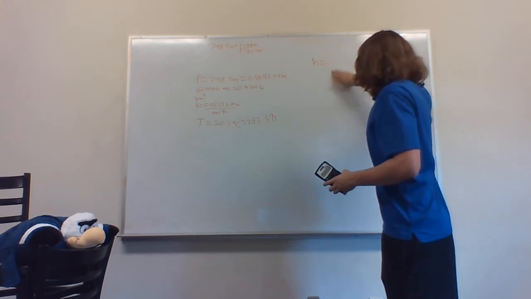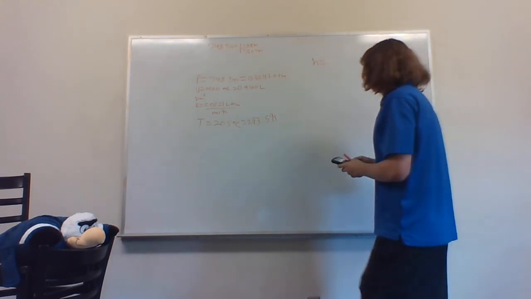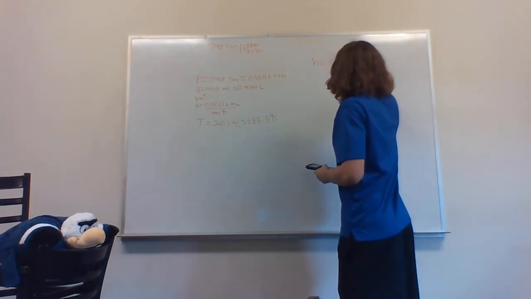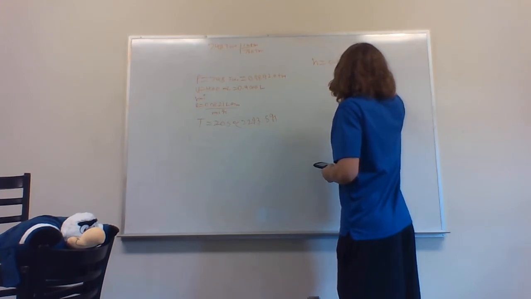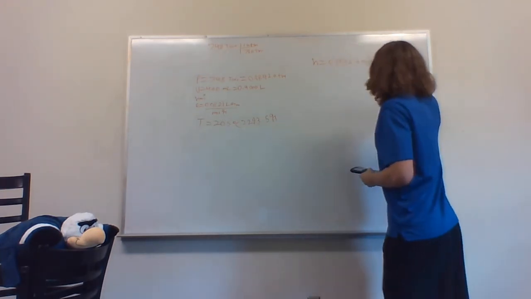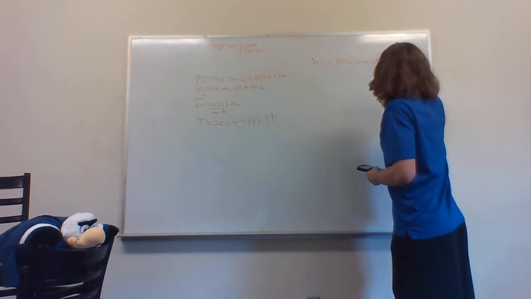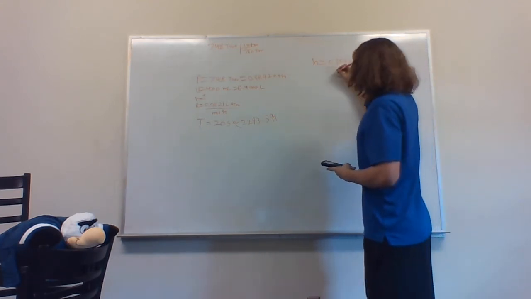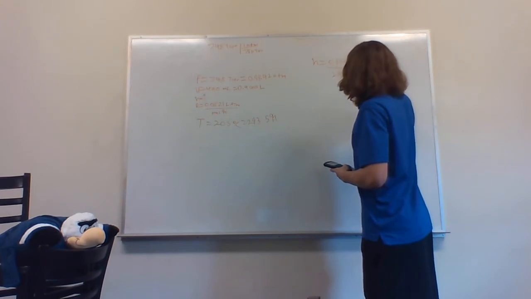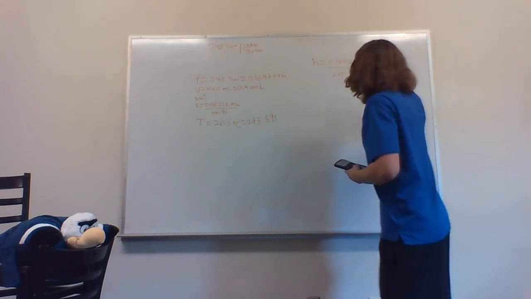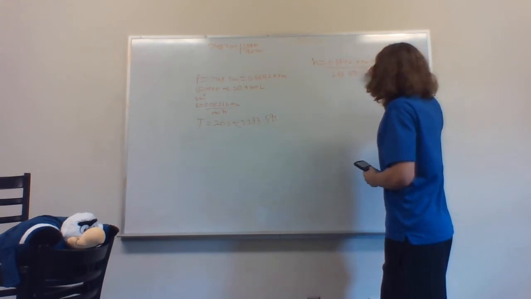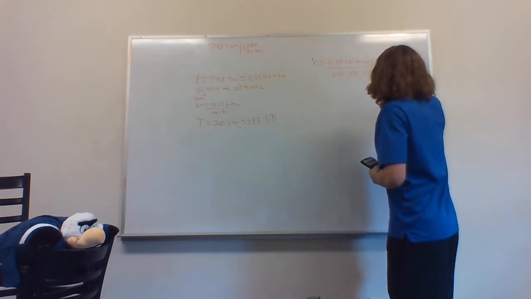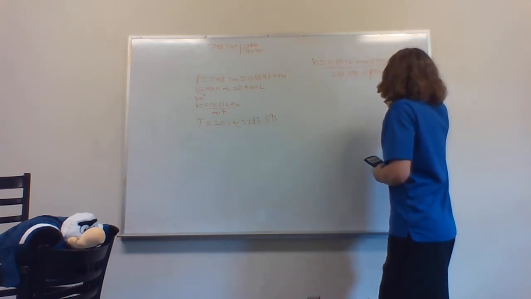So let's get through that. 0.9842 ATM times 0.4000 liters divided by 293.5 Kelvin, times 0.0821 liters ATM divided by moles Kelvin.